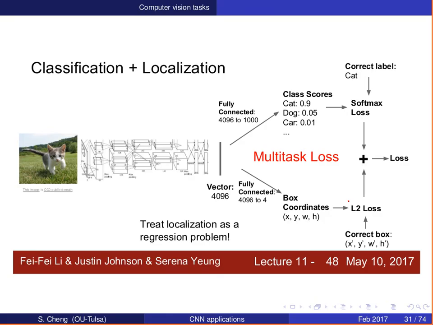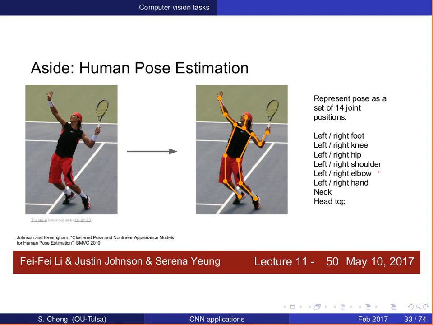So in this case, you train both of them, you have a multitask loss, and basically it's a weighted sum. The weight will be some hyperparameter also, which you will just need to figure out. Probably you need to train it many times.